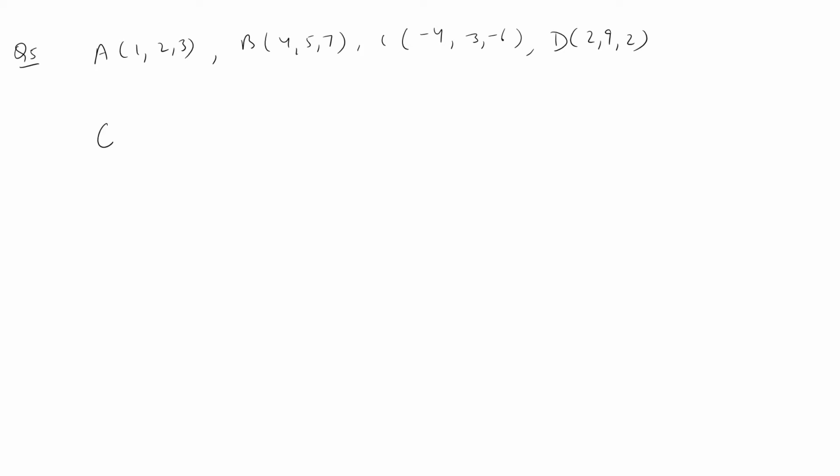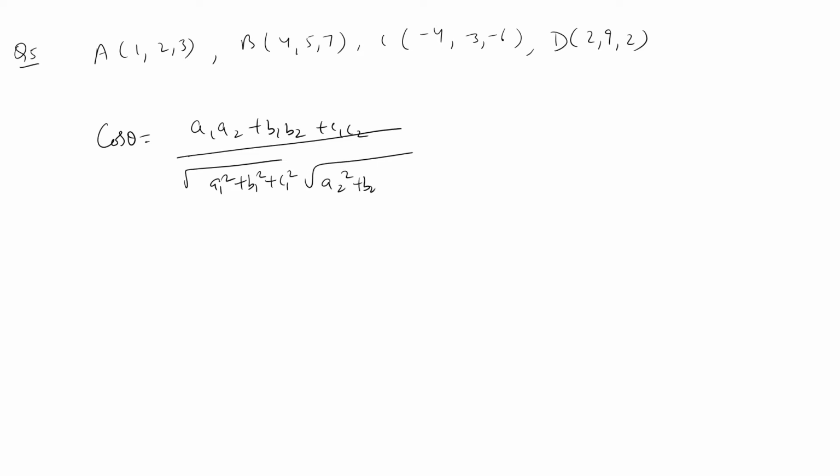So you very well know that cos theta we take as A1 A2 plus B1 B2 plus C1 C2 upon under root of A1 square plus B1 square plus C1 square, and then under root of A2 square plus B2 square plus C2 square. So we take it like this, right? As you know, A1, B1, C1 are generally the direction ratios. So it is the same question, we need to find the angle between AB and CD.